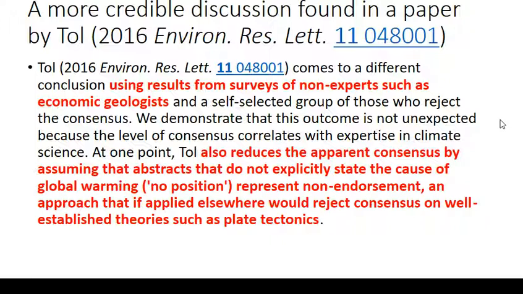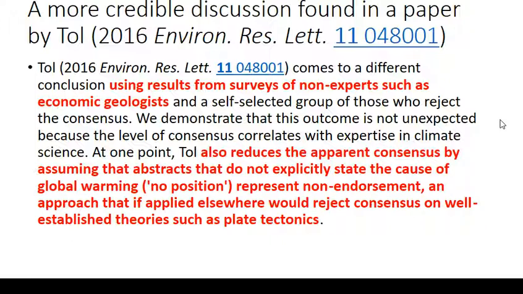If you apply that same level of determining whether or not somebody believes in global warming to other well-established theories like plate tectonics. Does anyone know what plate tectonics is? There's the plates on the Earth that move around that cause earthquakes and volcanoes and mountain change, etc. They've shaped the Earth, and a lot of its climate, in fact, throughout our history.